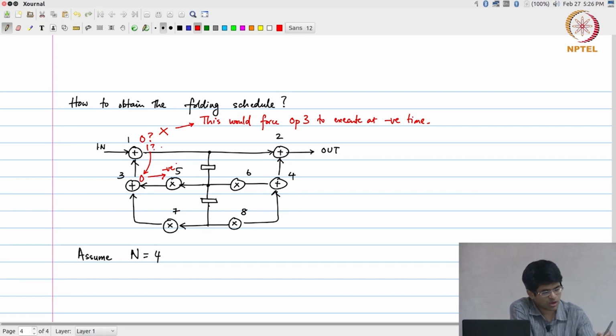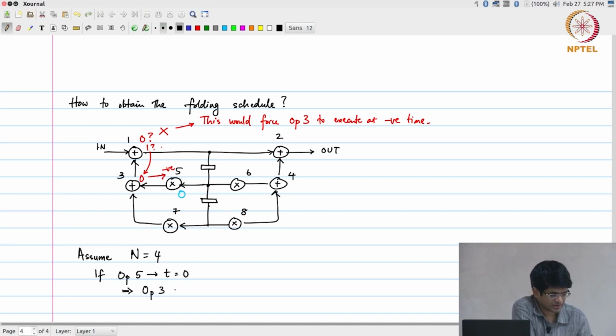Now, what about operation 5 executing at time 0? Is that okay? Do you see any problem with operation 5 executing at time 0? Operation 2 would have a problem. So now let's work through this. If operation 5 is scheduled at t equal to 0, what would it mean?